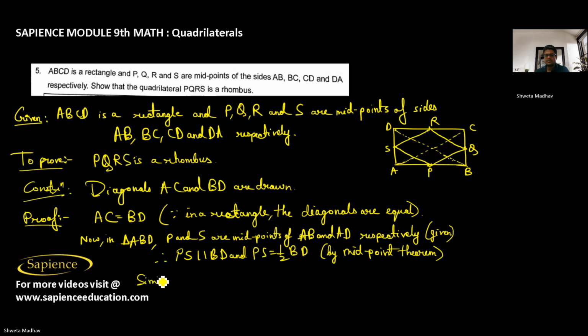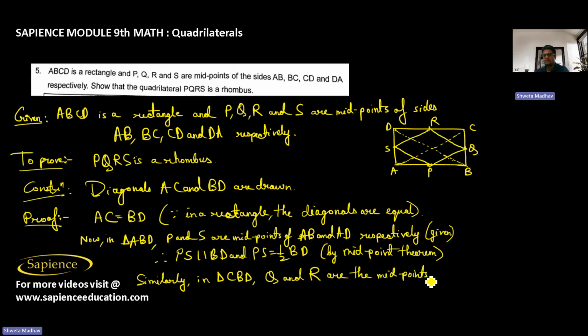Similarly, we can say in triangle CBD, Q and R are the midpoints of CB and CD respectively, which is given.